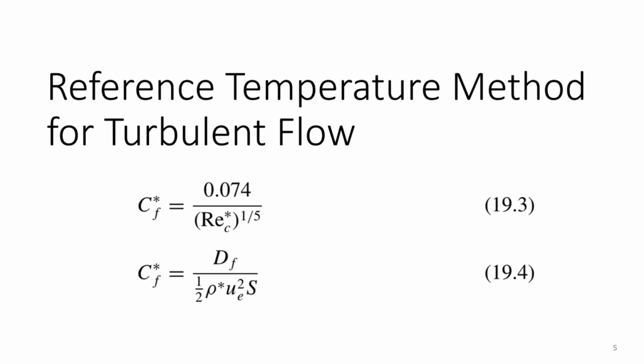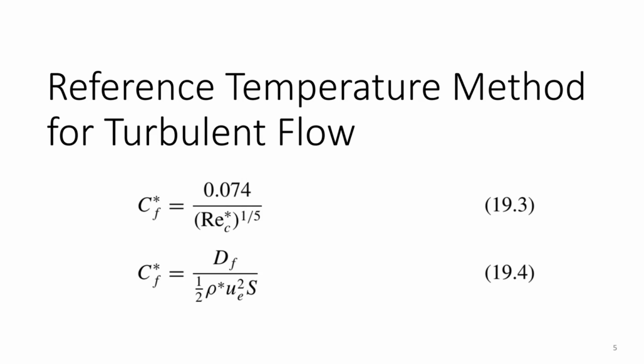For example, the idea for this method of calculating friction drag is the following. We use formulas developed for incompressible flow, because incompressible flow is simpler from the point of view of calculation and experimenting. So we provide experiments for incompressible flow.